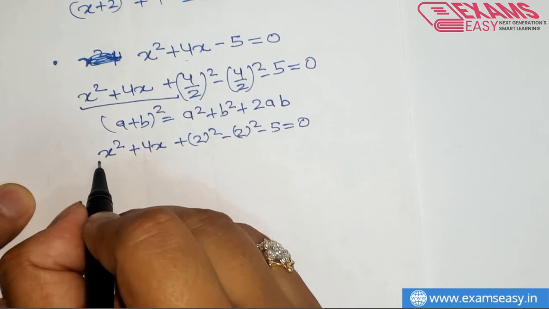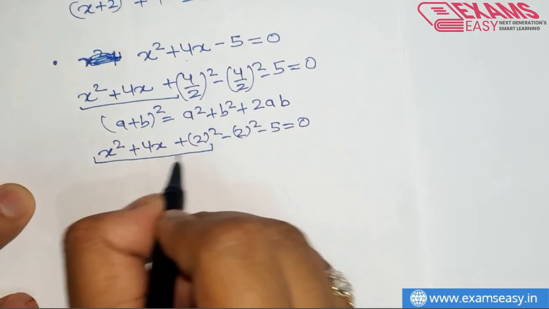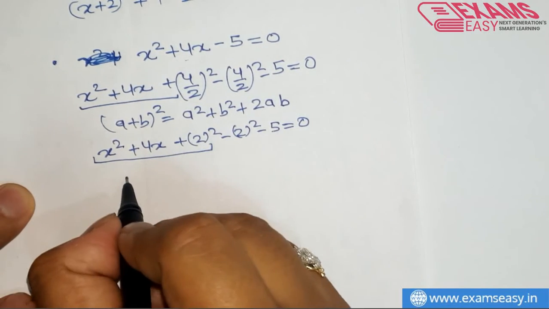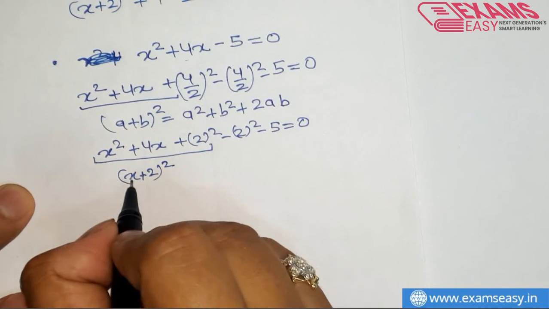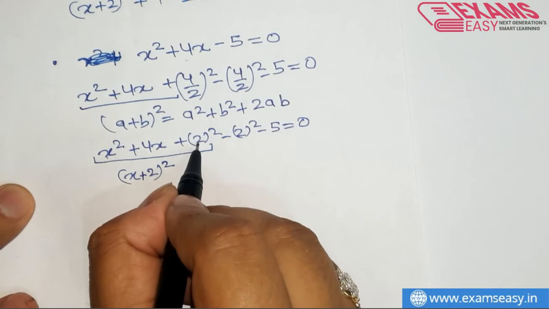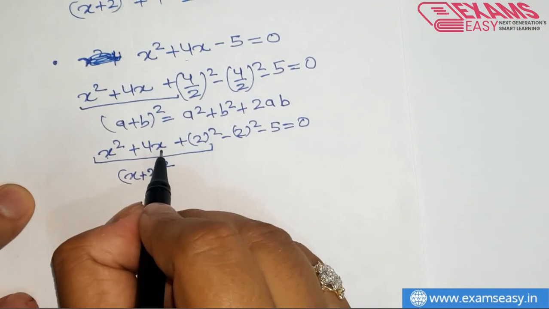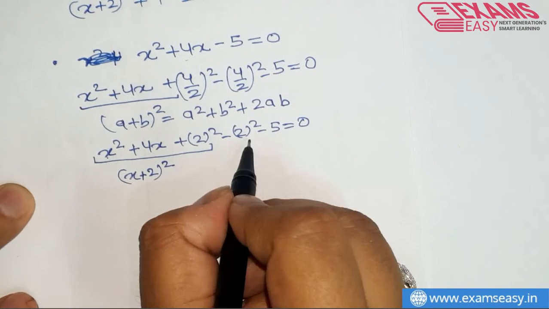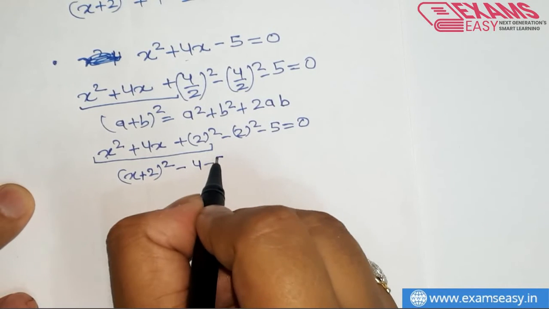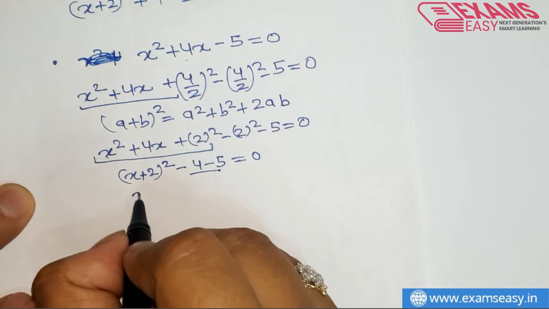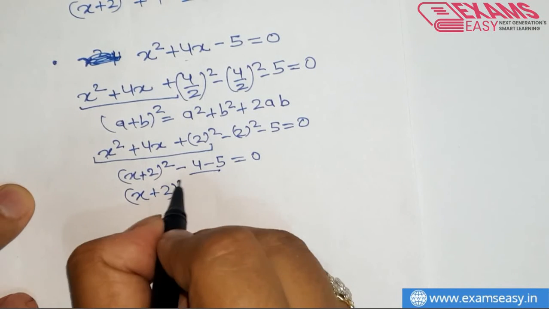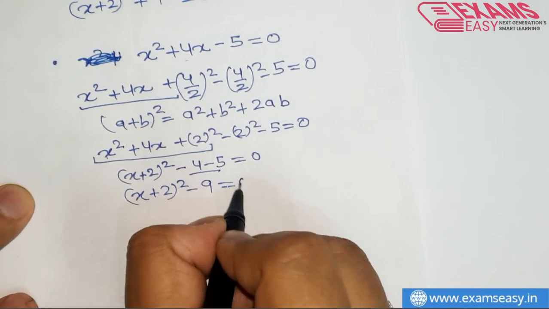Then we have the identity a plus b whole square, and it can be written as x plus 2 whole square, which is nothing but x square plus 2 square plus 4x. Then we can write here minus 4 minus 5 is equal to 0.